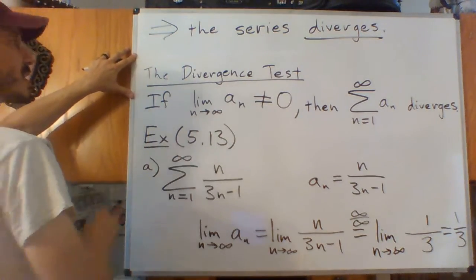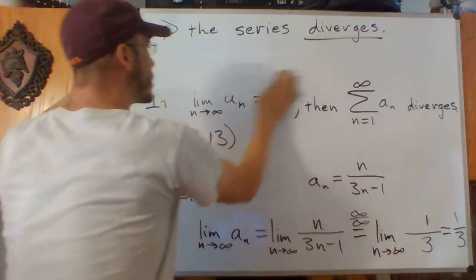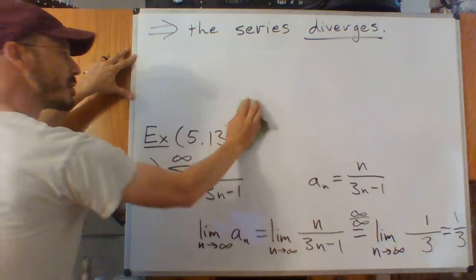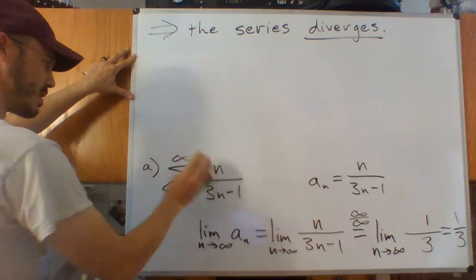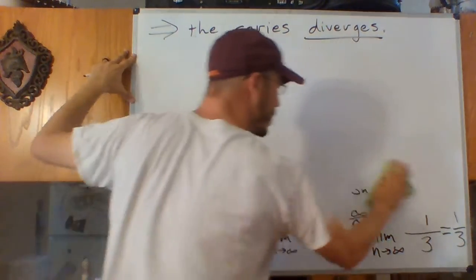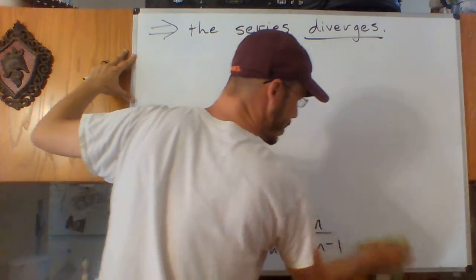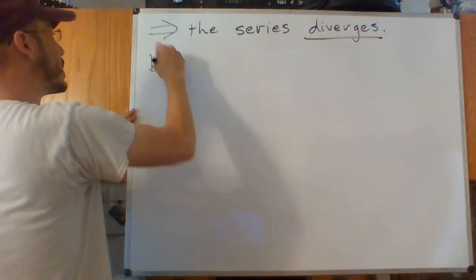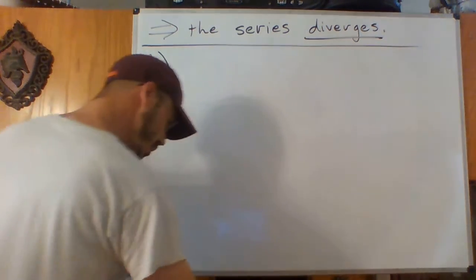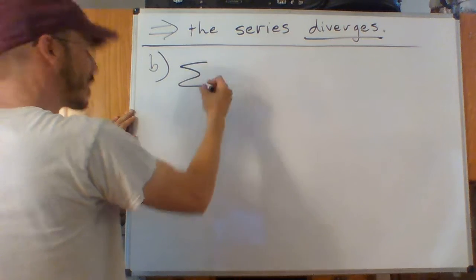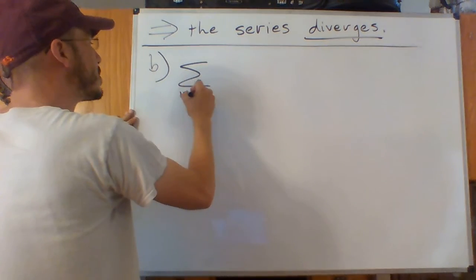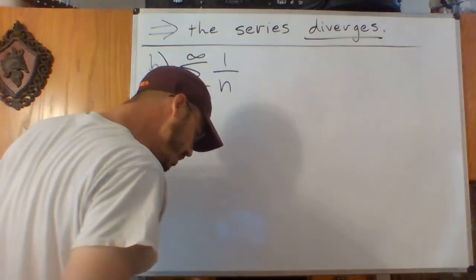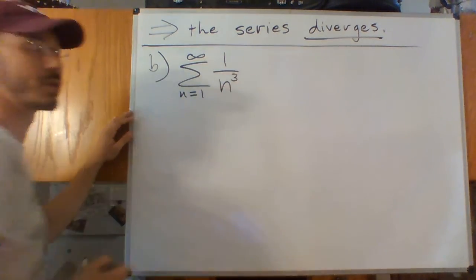I'm going to use this test again, this time still example 5.13. This time we'll look at part B, which says to apply the divergence test to the sum from n equals 1 to infinity of 1 over n cubed, 1 over n to the third.